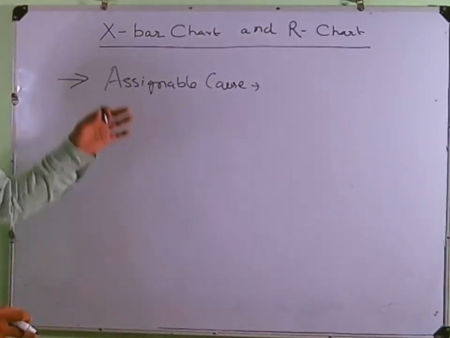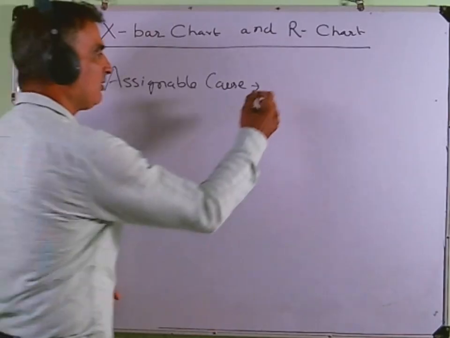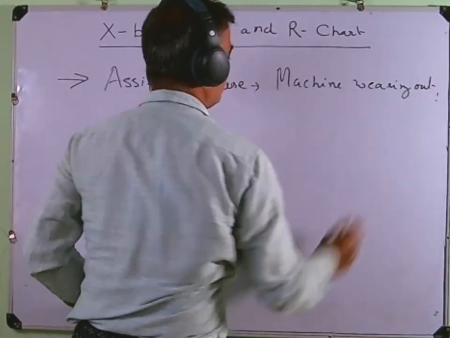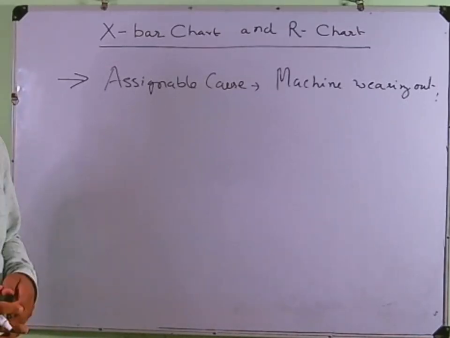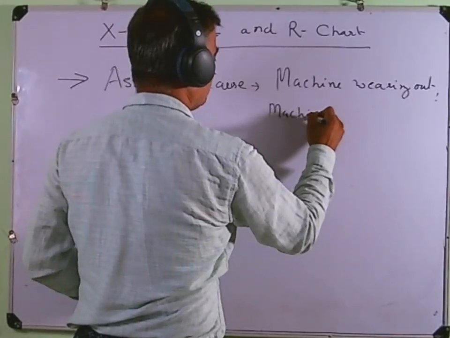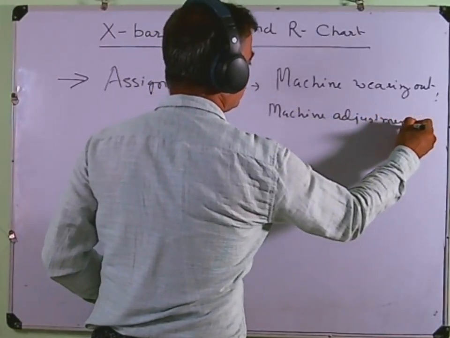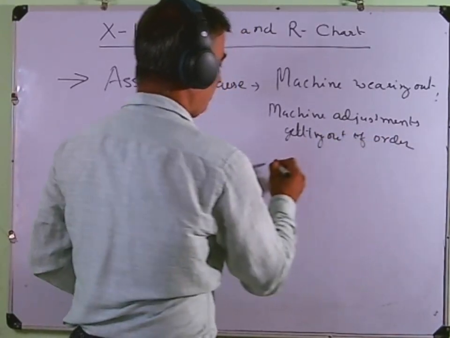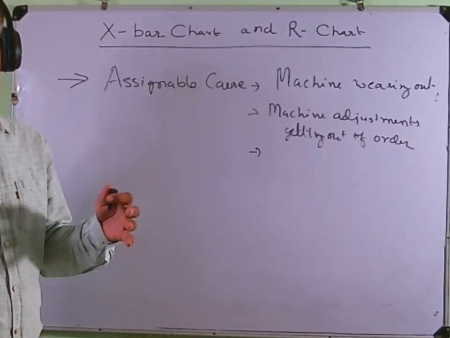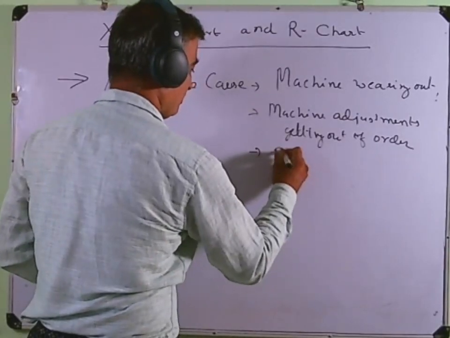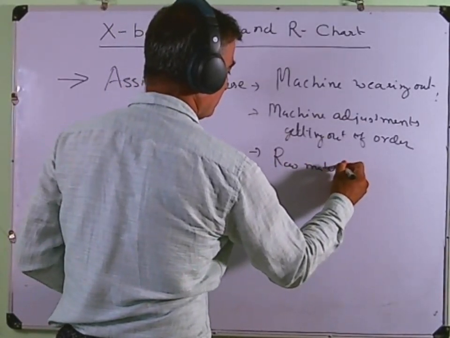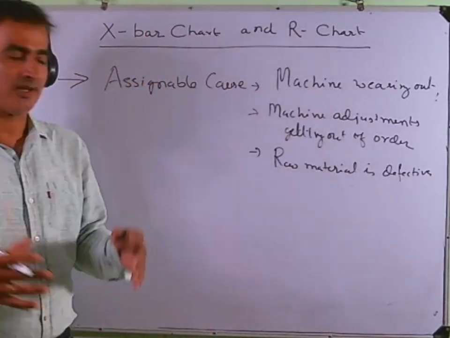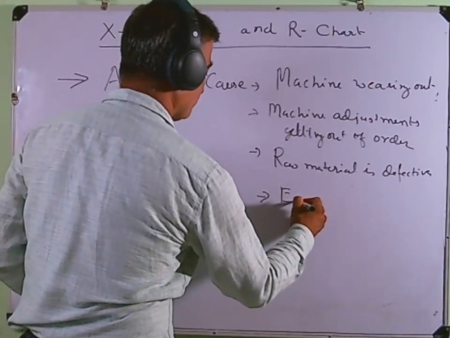What is this assignable cause? Assignable causes are those causes like machine wearing out, or the machine adjustments getting out of order, or the raw material being defective, or because of some human error or the error by the labor force.